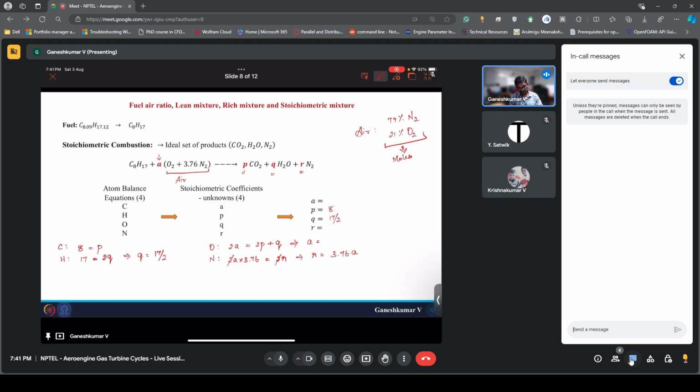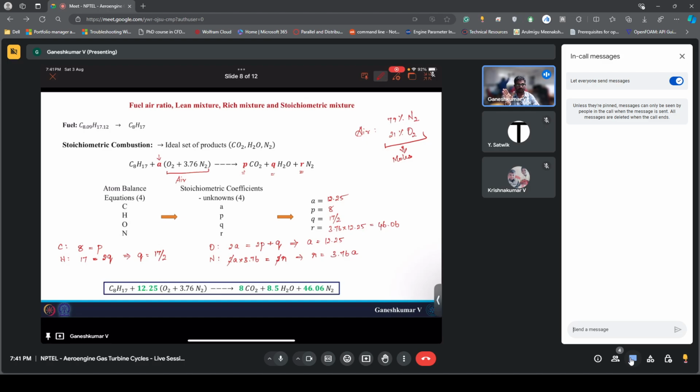If you do this, what you will get is A to be 12.25. Let's substitute 12.25 here also, and R is going to be 3.76 times 12.25, which will be 46.06.